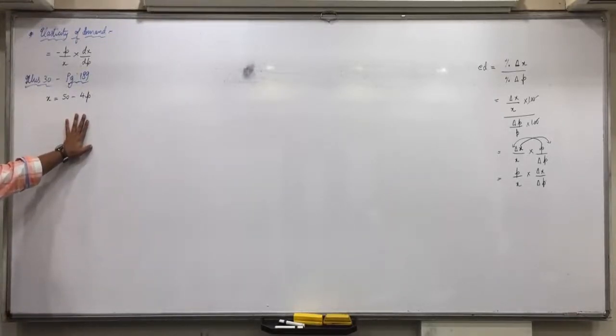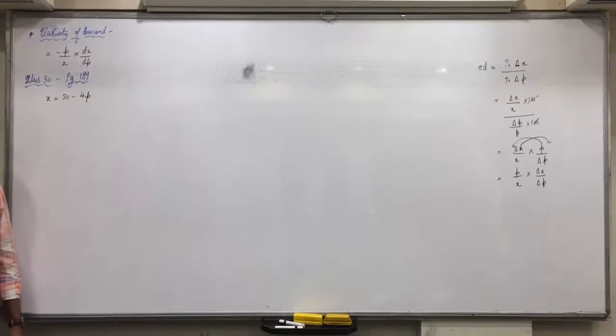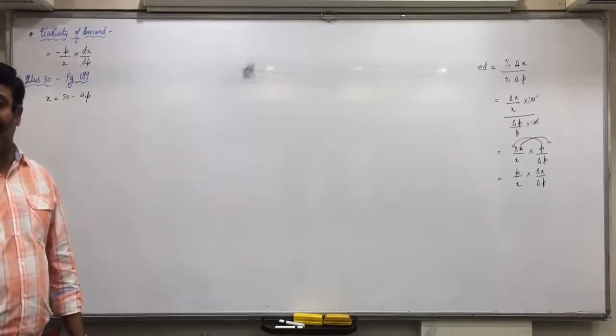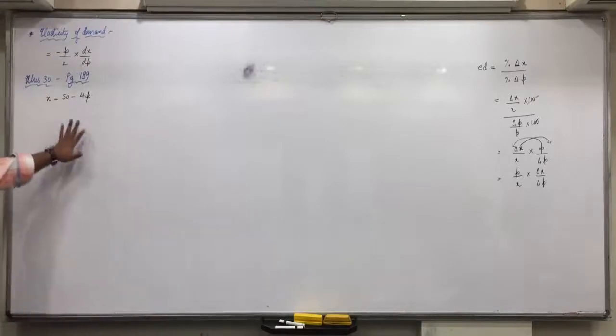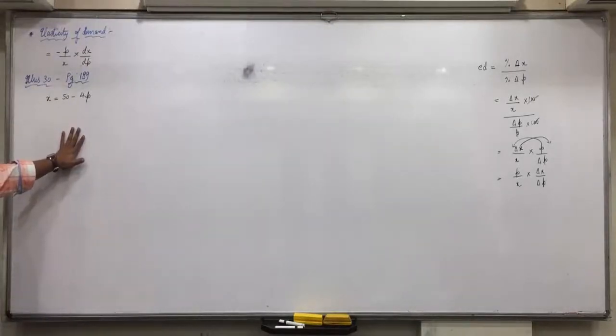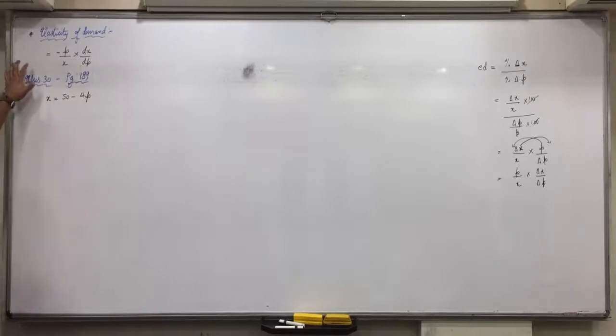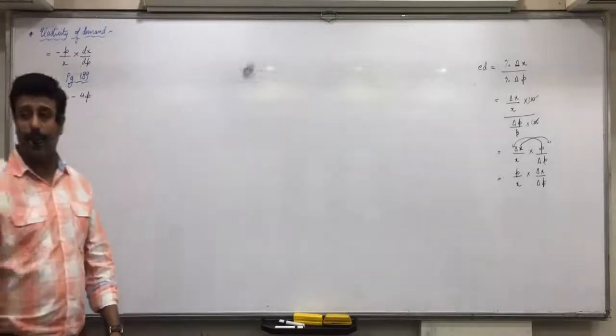If elasticity is asked at demand x, then on the right side we must have x. One more time: if elasticity is asked for a price, then right side we must have price. And if elasticity is asked for a demand x, then right side we must have x. Okay, write it down in the summary as a note.